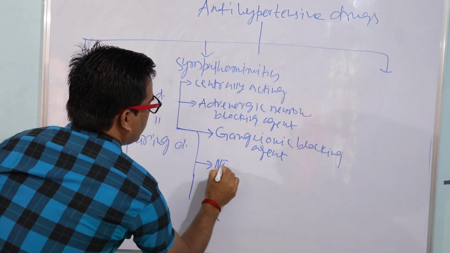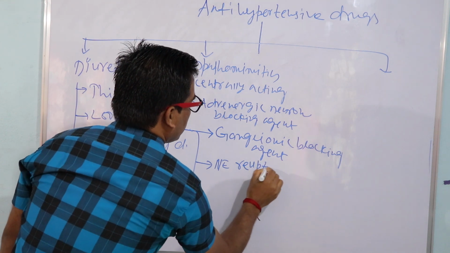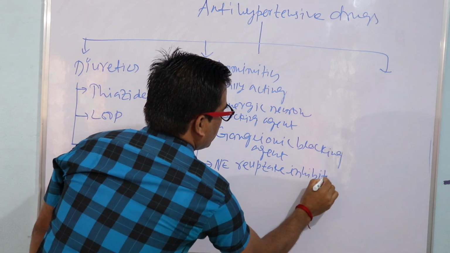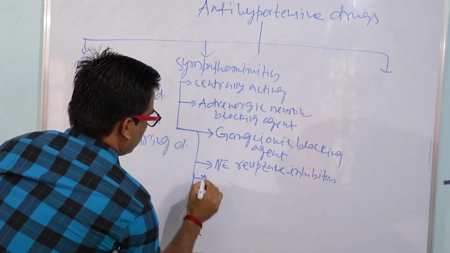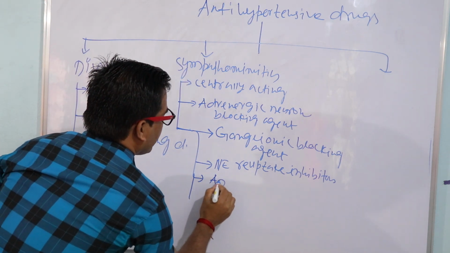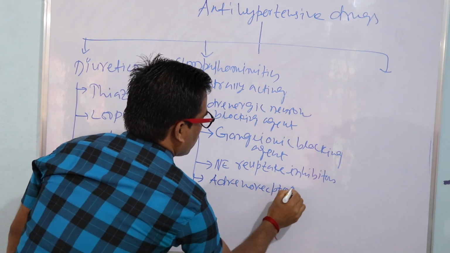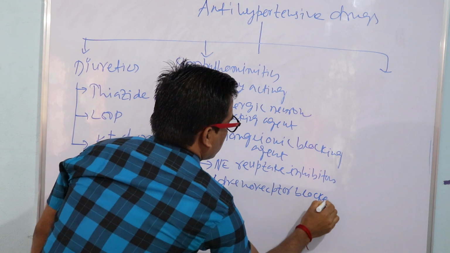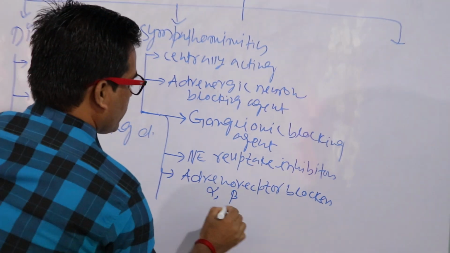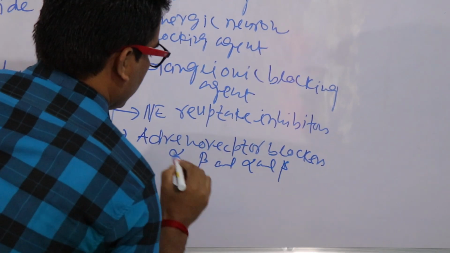Next, norepinephrine reuptake inhibitors. Next, adrenoreceptor blockers. Here they are alpha blockers, beta blockers, and combined alpha and beta blockers.